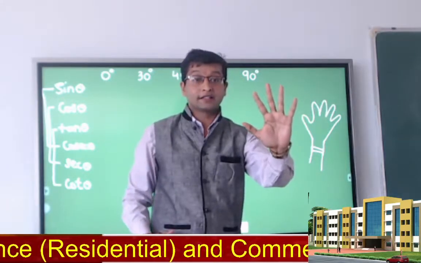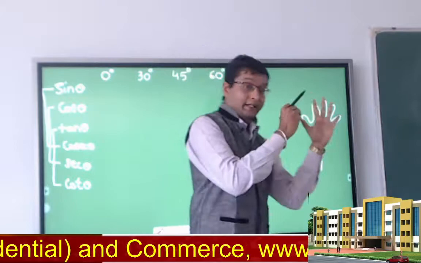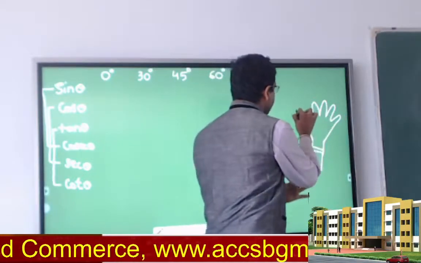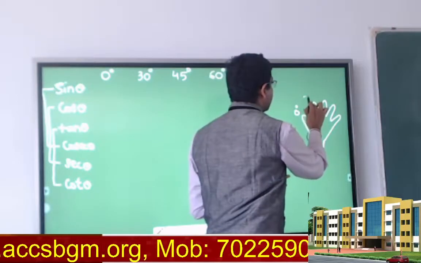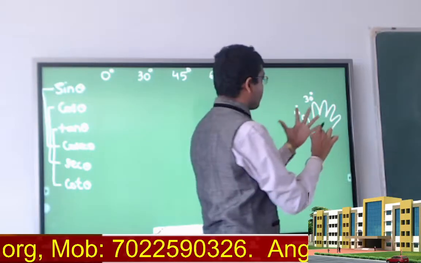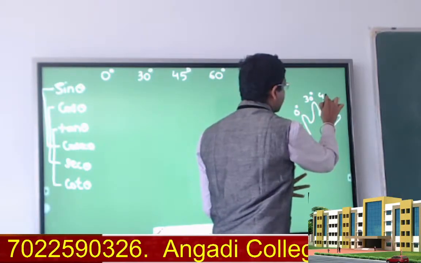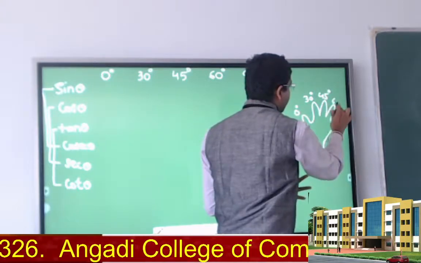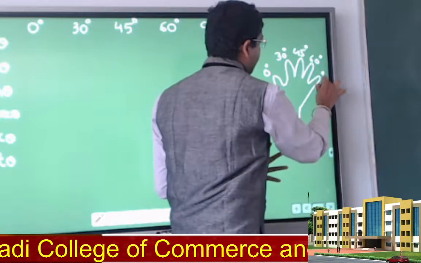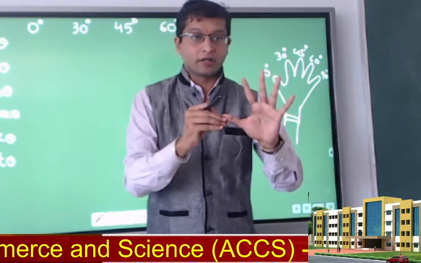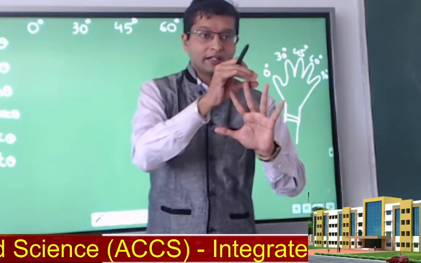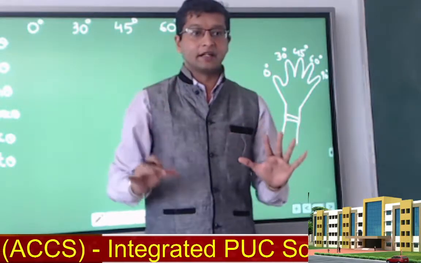We call this the palm rule. Just look here. I told you this is 0 degree. Next, this is 30 degree. Next, 45 degree. 60 degree and 90 degree. I will represent all these.